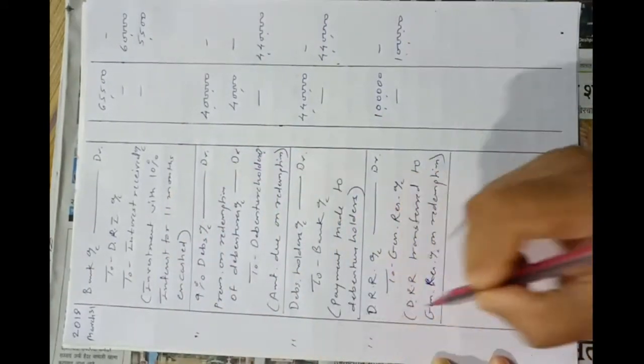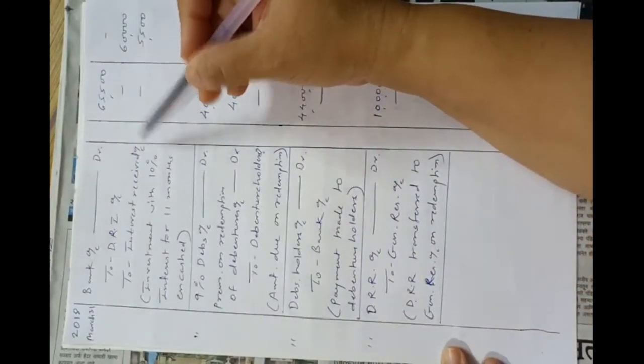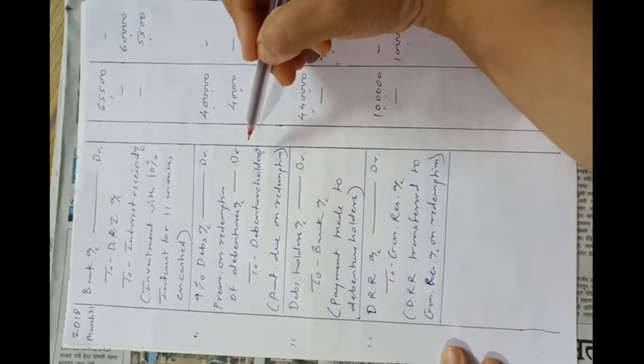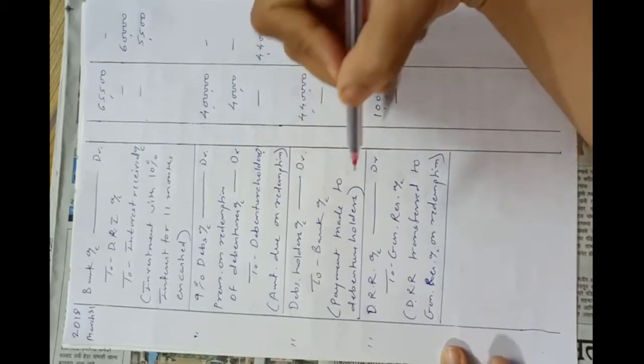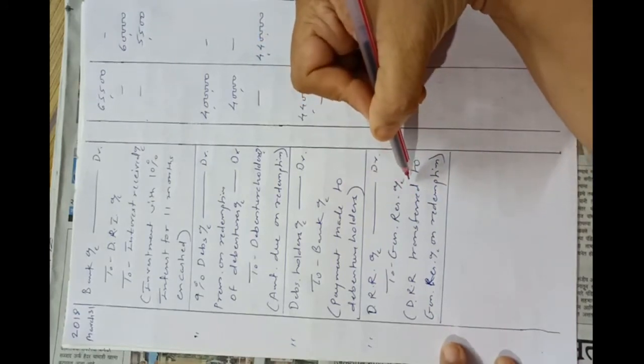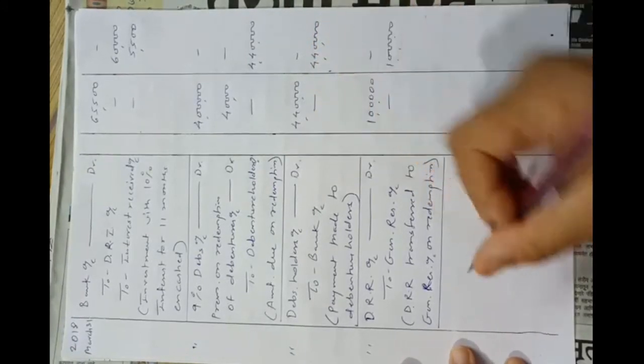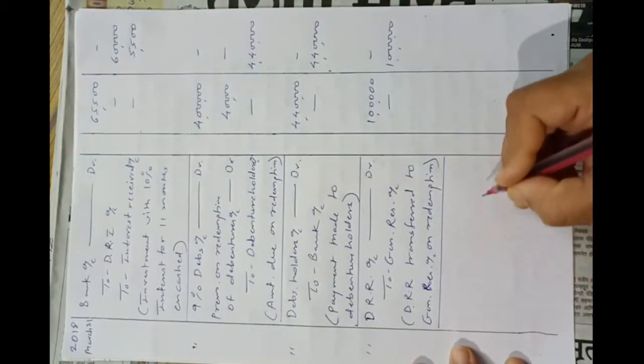Dates are 31st March 2018. First they have sold the investment and got the interest, then they have shown the debenture redemption amount due to the debenture holders, then payment made to debenture holders, then amount in DRR transferred to general reserve account, and then last entry will be interest received will be transferred to statement of profit and loss.